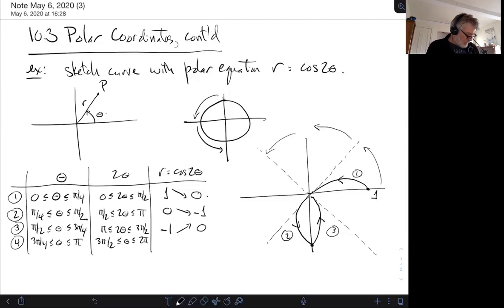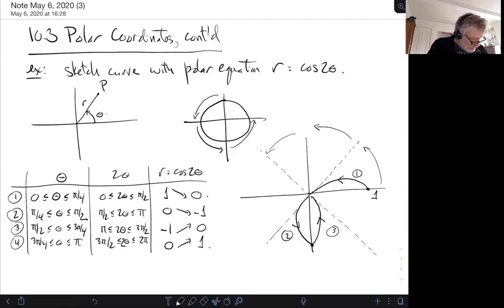Sorry, that's 2 theta here. So the input to my cosine is over here. The cosine will go from 0 back to 1. So it's positive. That should be simpler, right?